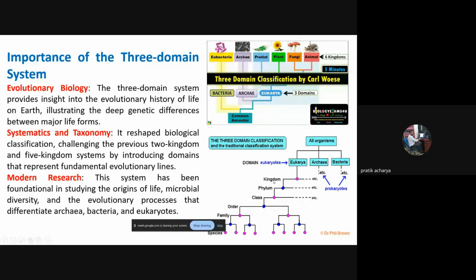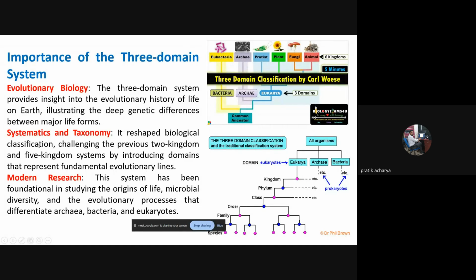They are divided into kingdom, phylum, class, order, family, genus, species. All these are the different kinds of divisions we can find in the case of the domain system. Evolutionary biology expresses that the three domain system provides insight into the evolutionary history of life.